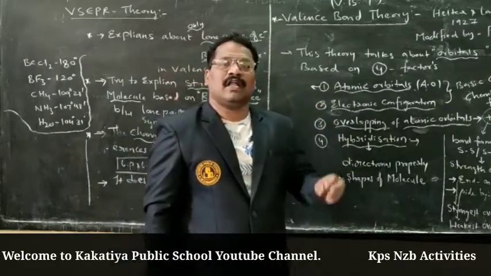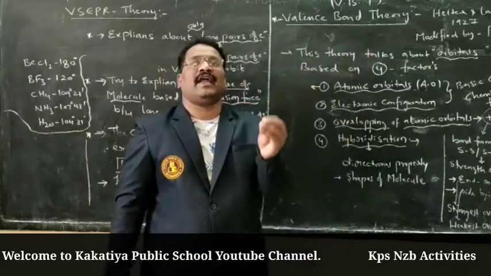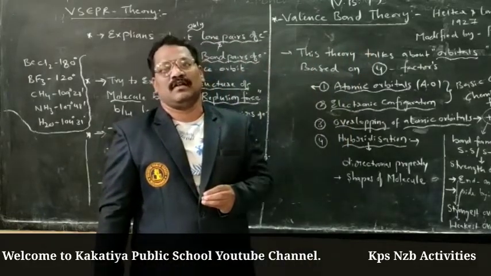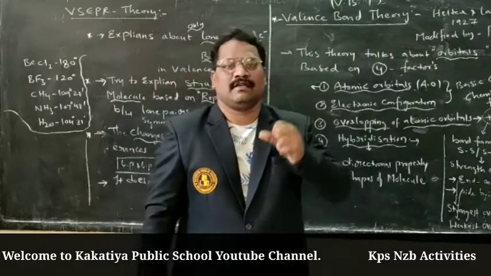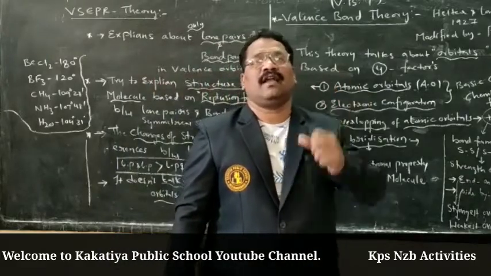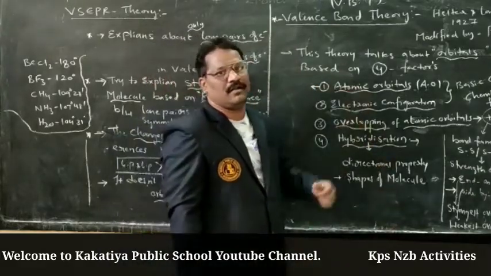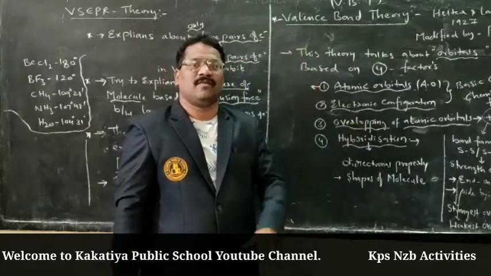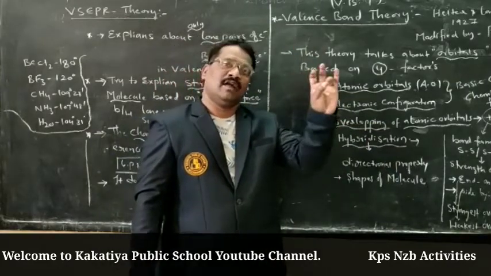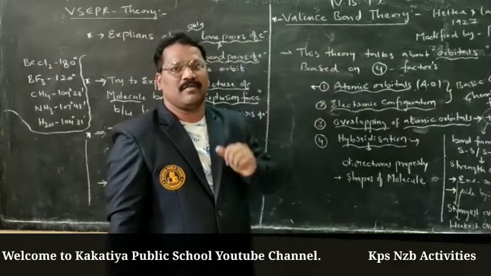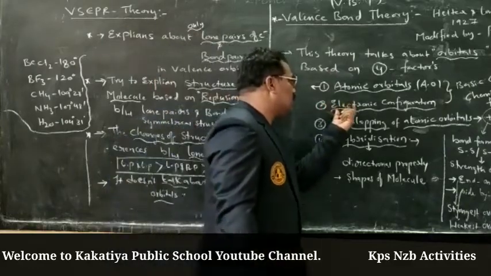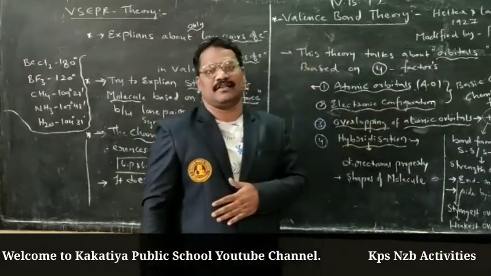When it comes to atomic orbitals as well as electronic configuration, what is called an atomic orbital? The region where the probability of finding an electron in an atom is highest is nothing but an orbital. We have four types of orbitals: s, p, d as well as f. Next is electronic configuration.